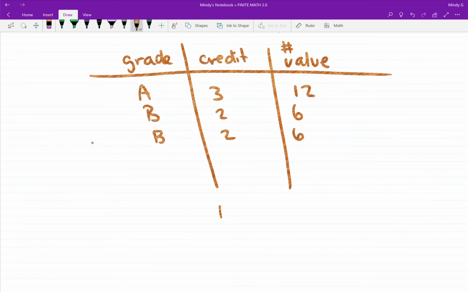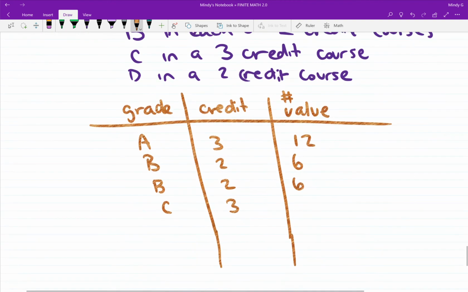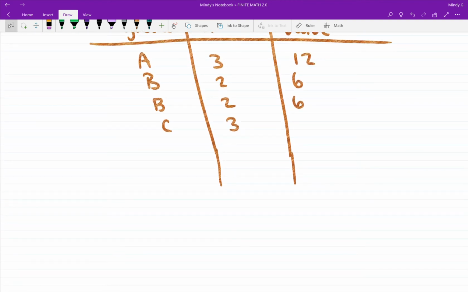Right? Okay, then I got a C in a 3 credit course. How many points did I get? 2 times 3 is 6. And then finally, I got a D in a 2 credit course. So how many points did I get? I got 2 points.